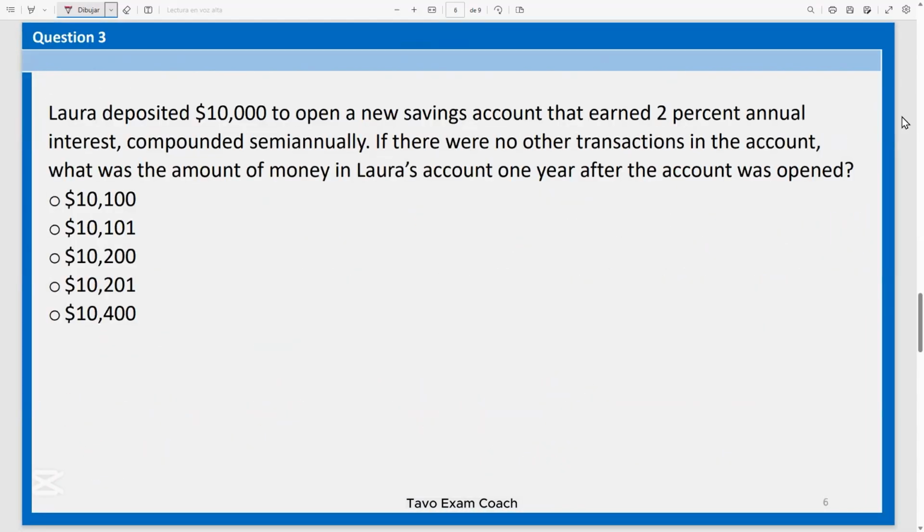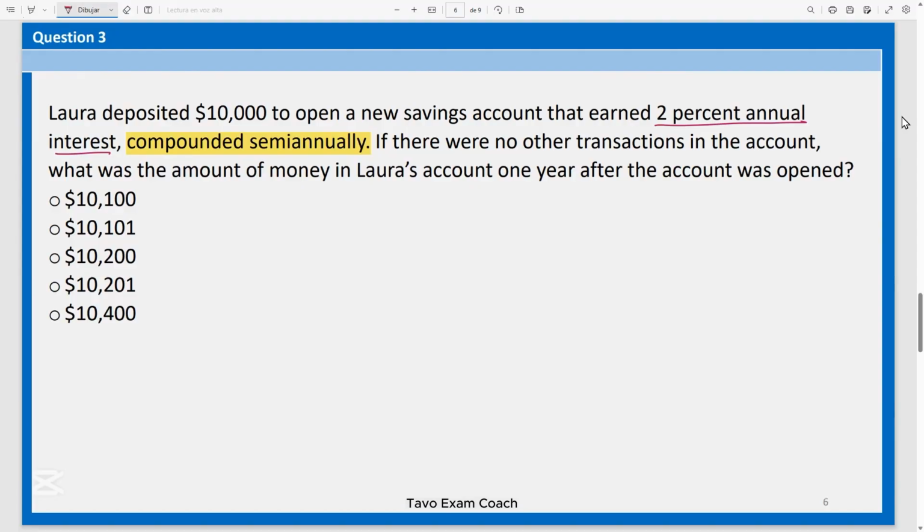Question 3 says, Laura deposited $10,000 to open a new savings account that earned 2% annual interest. Let's notice here the annual interest rate compounded semi-annually. Okay, the frequency of interest accumulation. If there were no other transactions in the account, what was the amount of money in Laura's account 1 year after the account was opened?